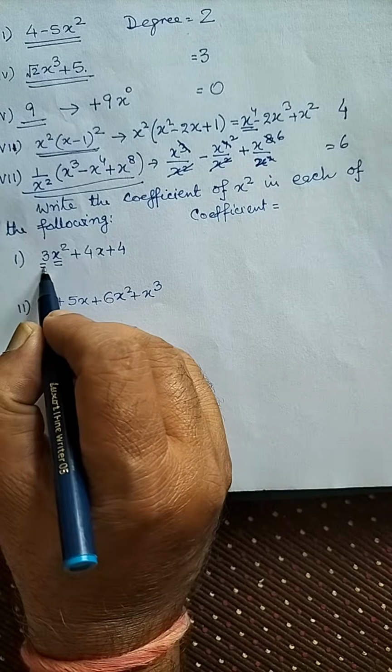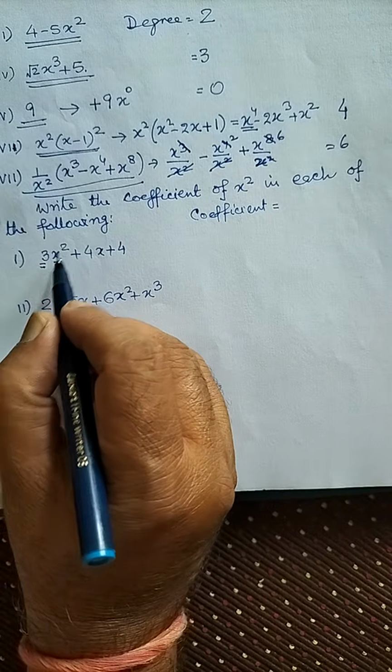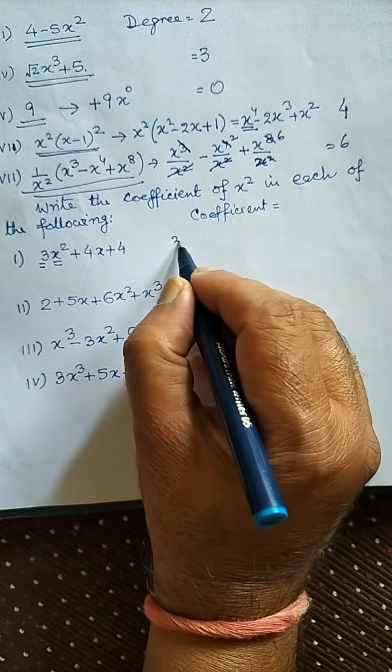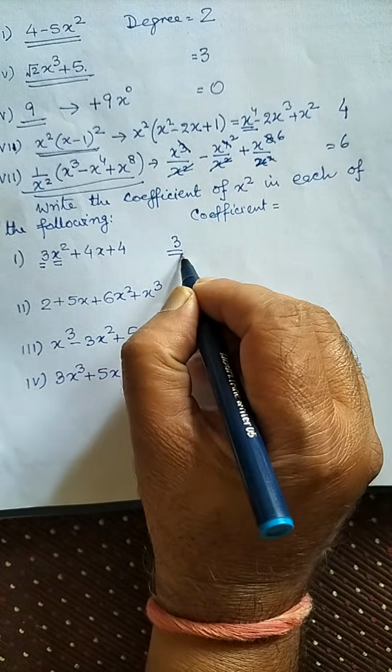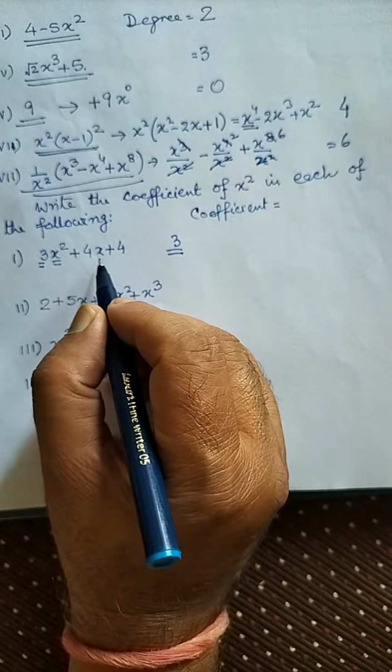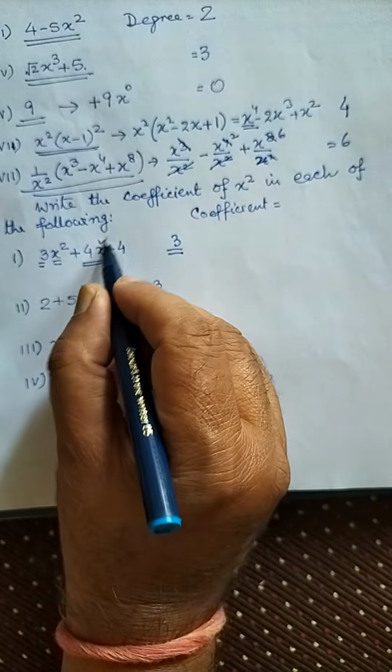It is 3. So 3 is the coefficient of x square. In this particular case, 3 is the coefficient of x square. If I ask you what is the coefficient of x, then you will just look for x. So this is the term which is carrying x.